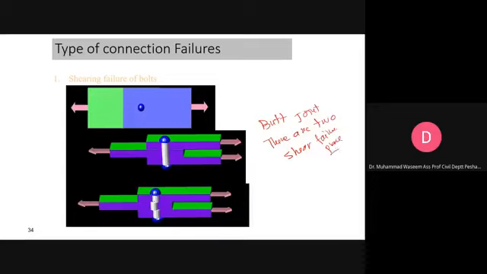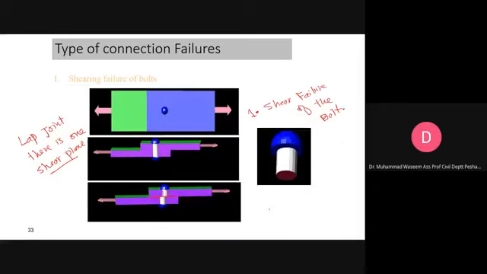You can see that there are three plates. Failure can occur here, failure can occur here. Whenever we have this type of situation, we term it double shear: the bolt is subjected to double shear. In the lap joint case, we term it single shear, the bolt is subjected to single shear.